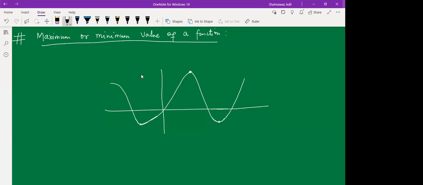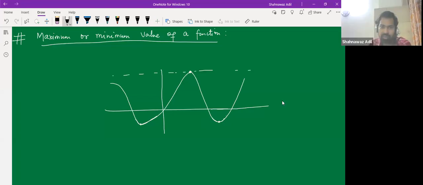Yes, sir. Because in this part, whenever the curve is changing, here the curve is decreasing, right? But from this point, the curve started to increase.